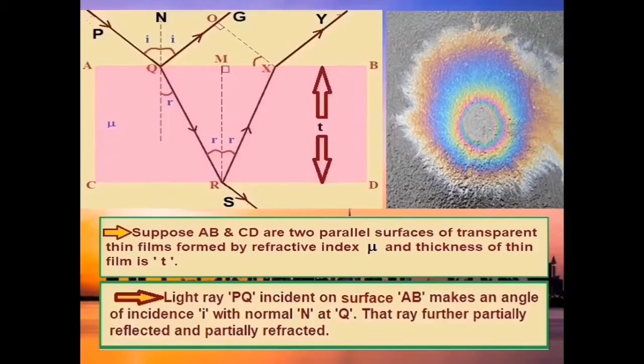Light ray PQ incident on surface AB makes an angle of incidence i with the normal, denoted with the letter N at point Q. That ray is further partially reflected and partially refracted. Both the concepts, reflection and refraction, which we have seen earlier, were necessary for this article, and that is why we saw them earlier.